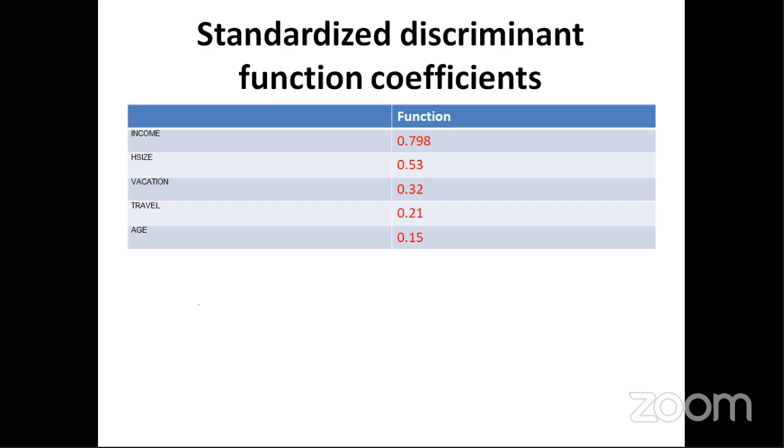Now the next table will explain the standardized discriminant function coefficient. Anyone can explain it? What is the meaning of standardized discriminant function coefficient?